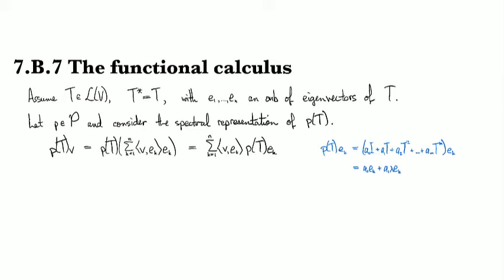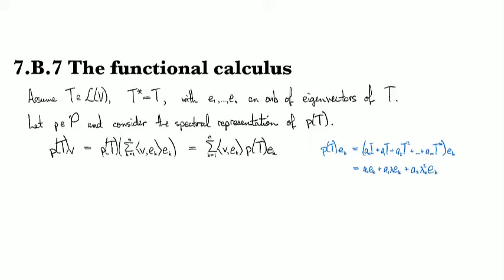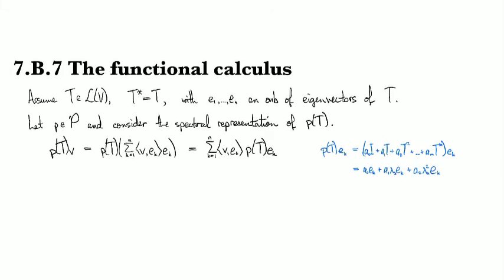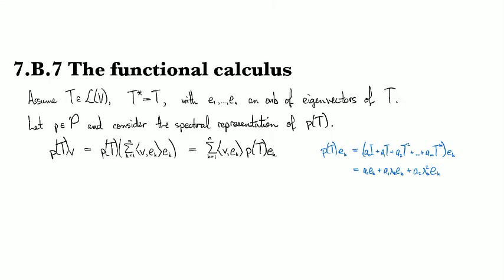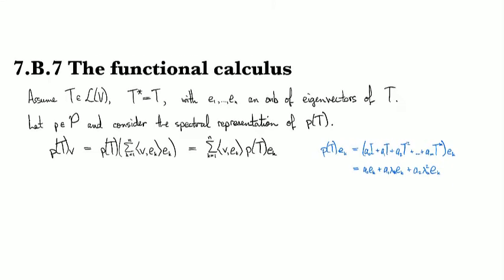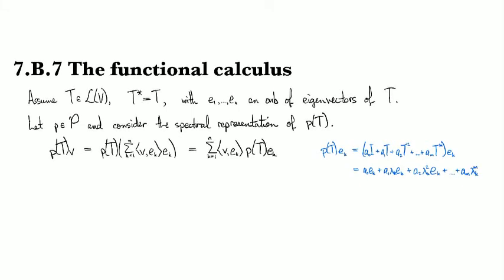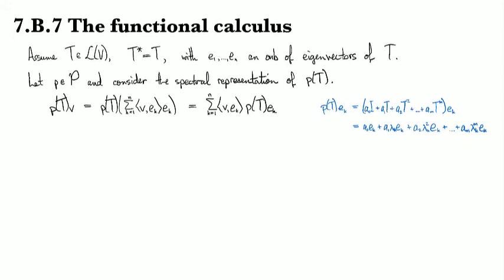So it's going to be A2 lambda K squared EK. I just realized I forgot to put a subscript on my lambda back here, so let me squeeze that in. Sorry, that's a K. There we go. And so on and so forth, A M lambda K to the M E K.